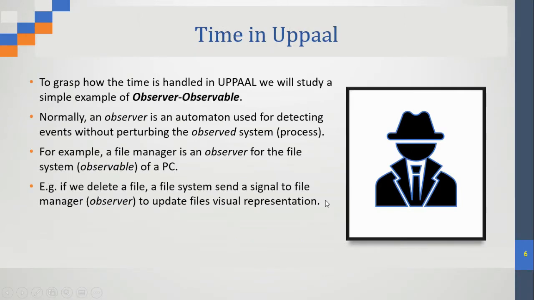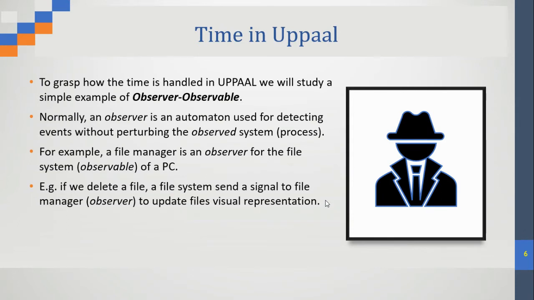So let's see how we can handle the time and control the time of the model. Here we'll take an example called observer and observables. The observer is software in many applications, and this software is used to detect events without sending a message.